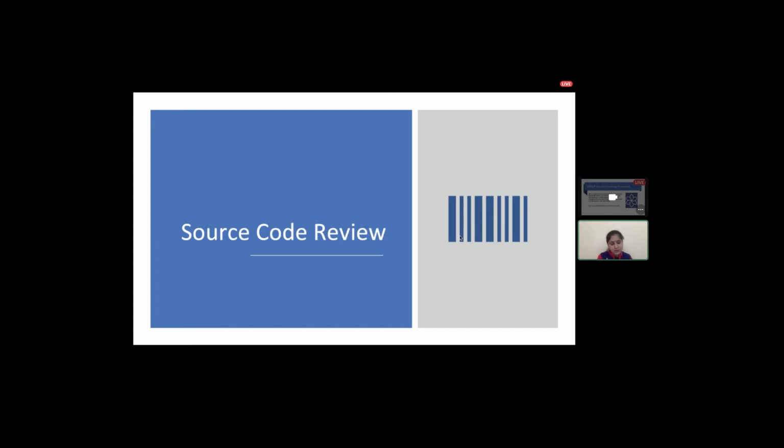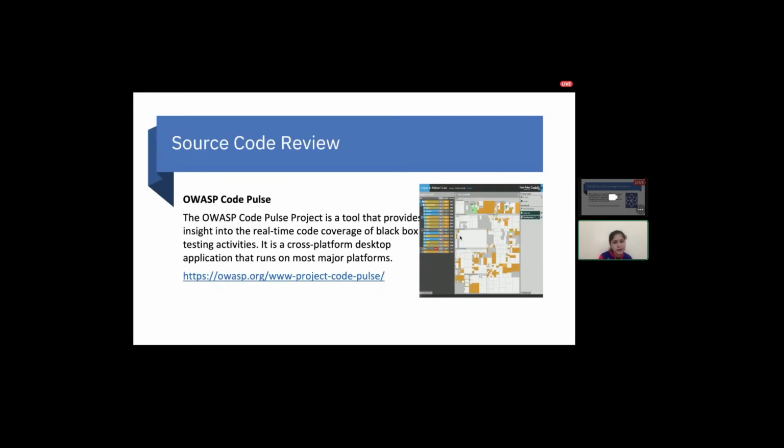Now, shift left or DevSecOps is central to the desire, wherein we need to fix the bugs earliest. And when we talk about reducing the amount of money or cost that we are spending on it, secure code review can actually help us. Now, how would I do it? So, Code Pulse is one project which can help us.